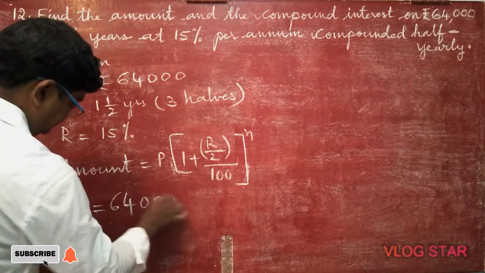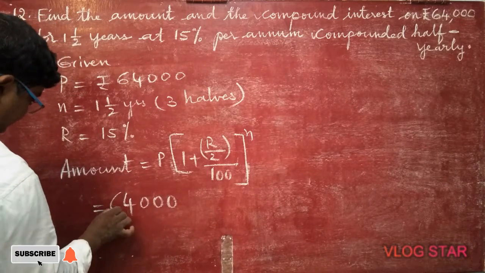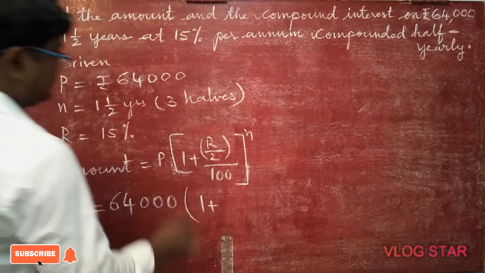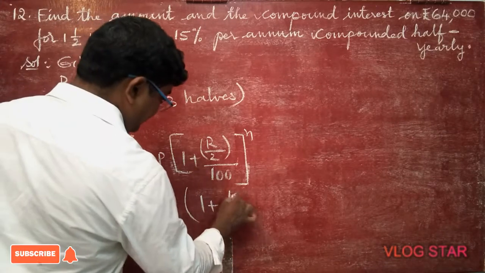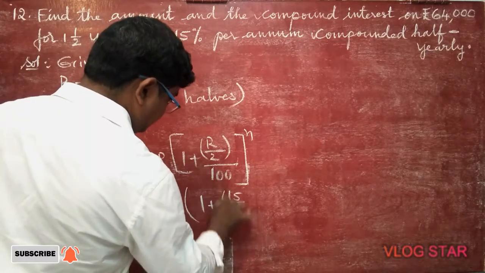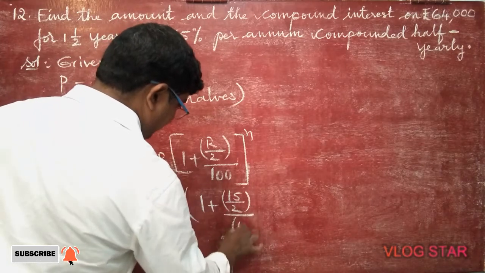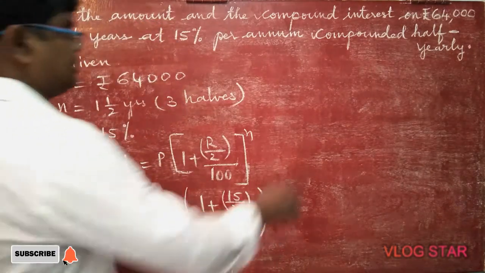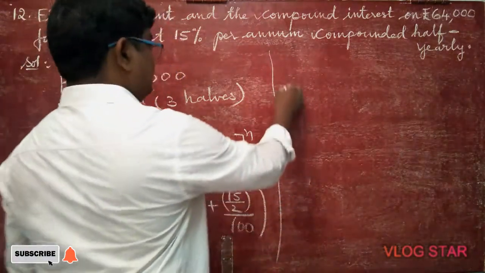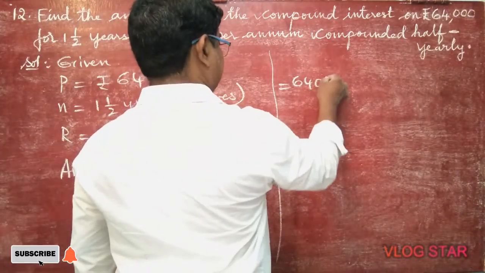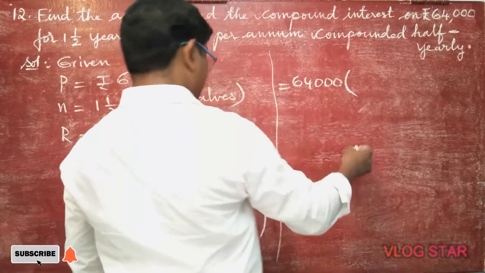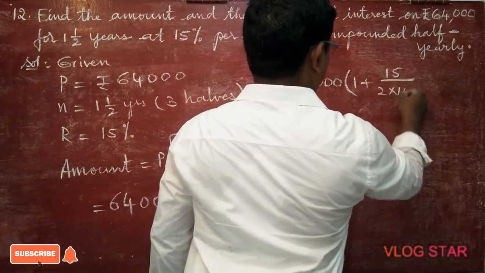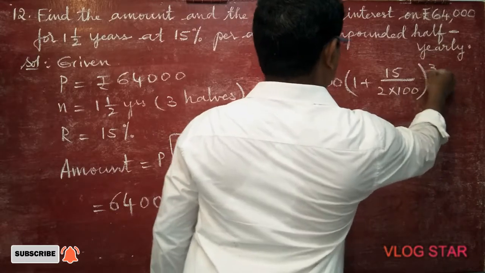So now P how much? 64,000. 64,000 into 1 plus 15 by 2 divided by 100. Are you able to follow? So that is equal to 64,000 into 1 plus 15 by 2 into 100 whole cube.